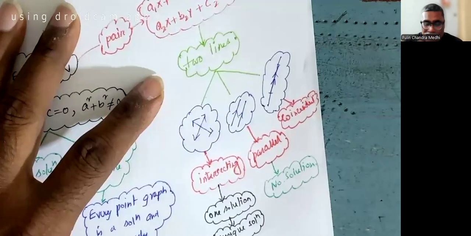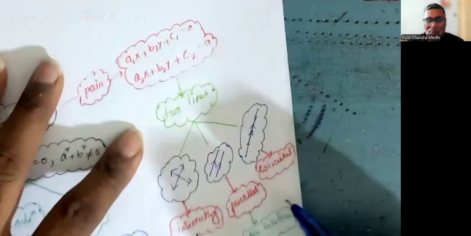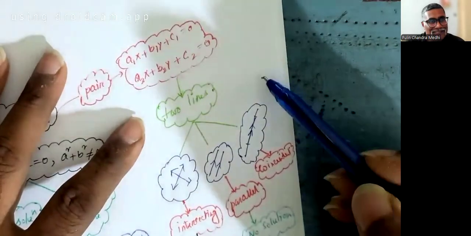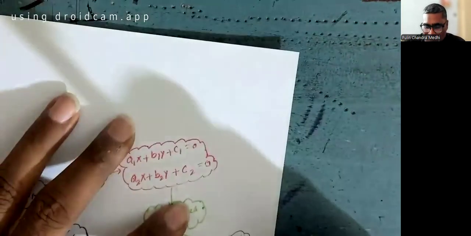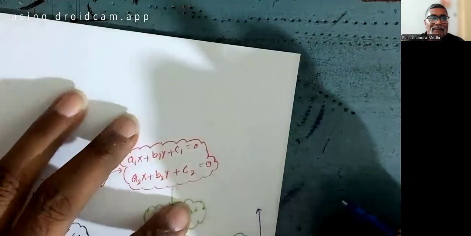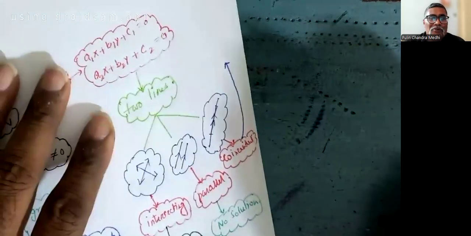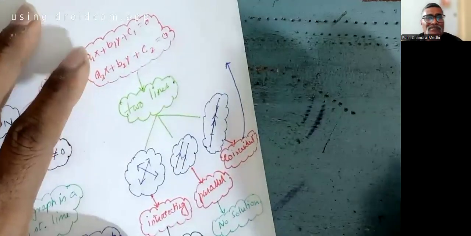Okay. Now we are going for the last, right? No solution. So we don't have any name here. Now you go to the last. I don't have much space here, so I'll take the arrow that side. So I'll write here, I have got coincident line. Coincident line means all the points are common.